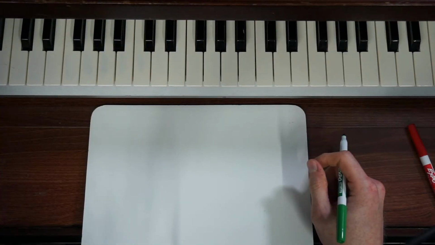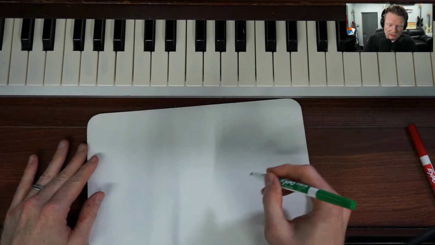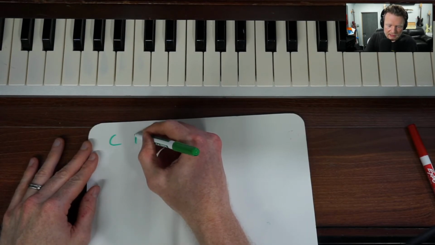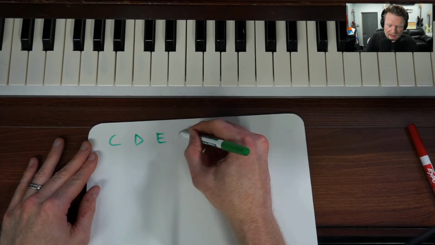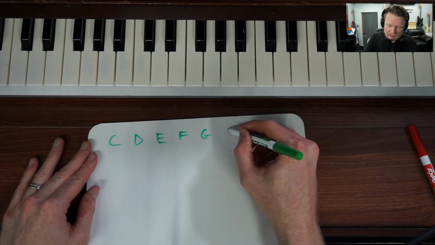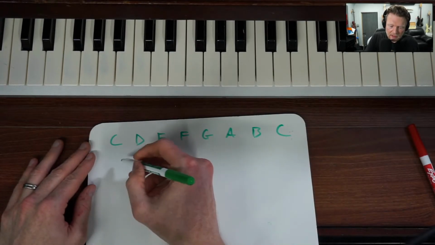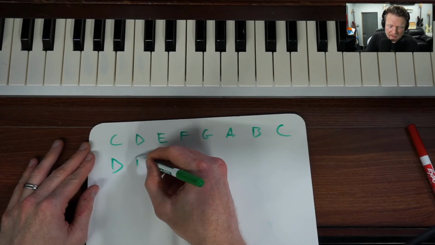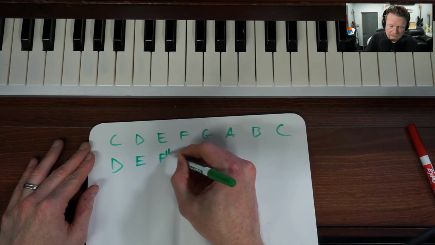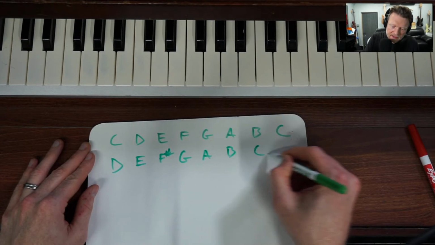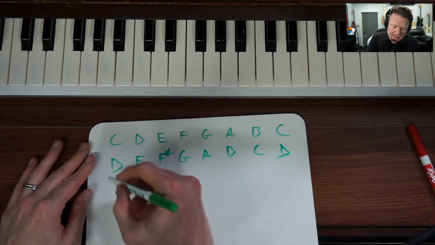Let's go back. I'm going to just write out a couple of scales here. C, D, E, F, G, A, B, C. So that's the C scale. D, E, F sharp, G, A, B, C, D. That'd be the D scale.